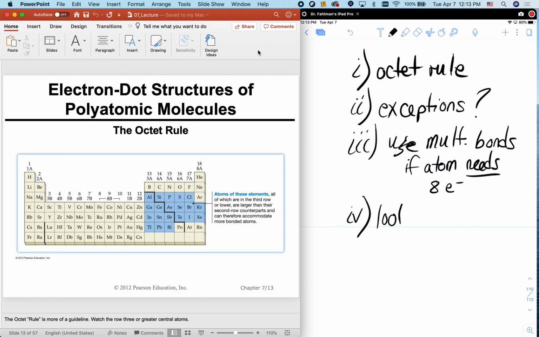Then as a final check, look at formal charges, and they should again be either 0 for everything or at the most plus or minus 1.